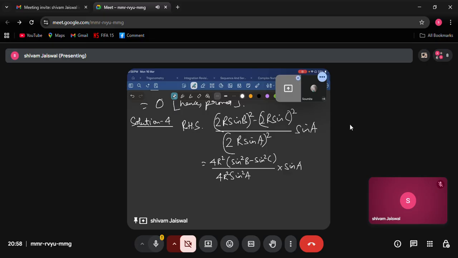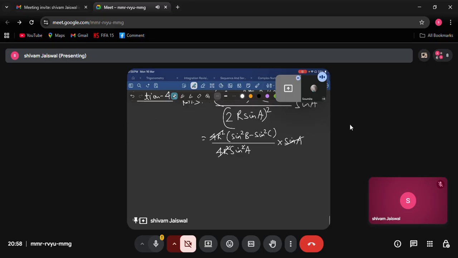So this sine a gets cancelled, 4r square gets cancelled. I'm getting sine square b minus sine square c. So what is sine square b minus sine square c? This is sine(b plus c) into sine(b minus c). Divided by sine a, sine a and sine(b plus c) get cancelled. This is equal to sine(b minus c). Hence proved. Tell me, is it clear, Raktim?